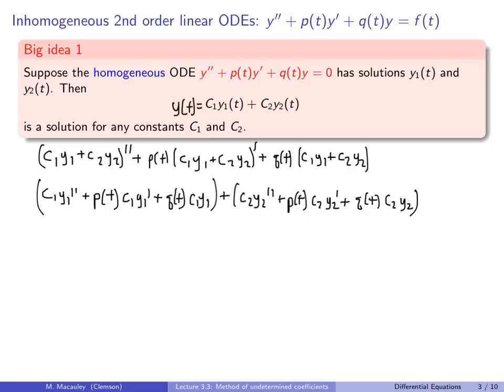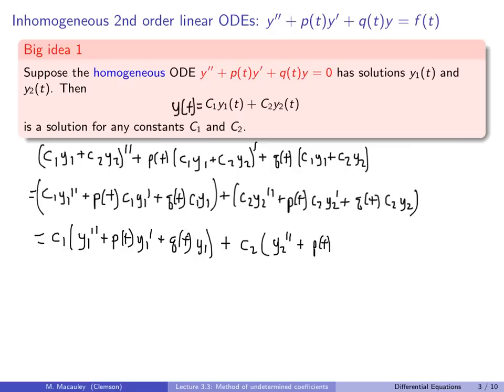Okay, let's factor out these constants. So this is equal to c1 times (y1 double prime plus p of t y1 prime plus q of t y1), and then c2 times the same thing over here, (y2 double prime plus p of t y2 prime plus q of t y2).